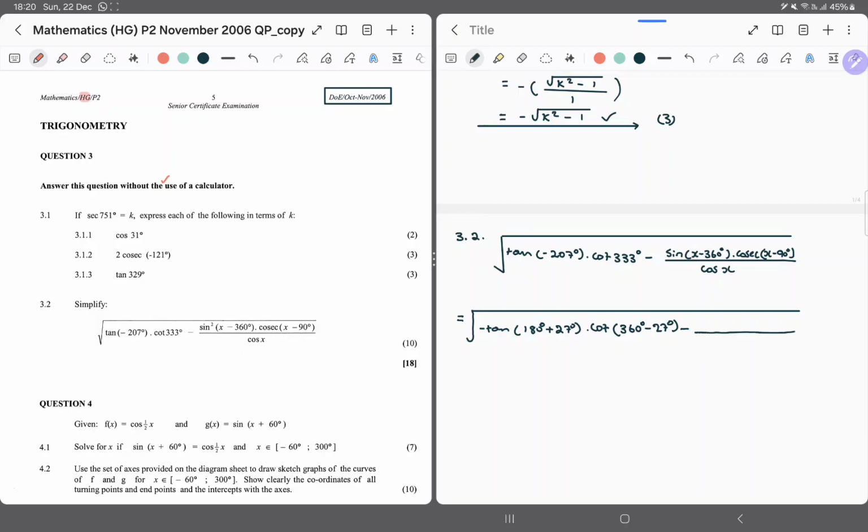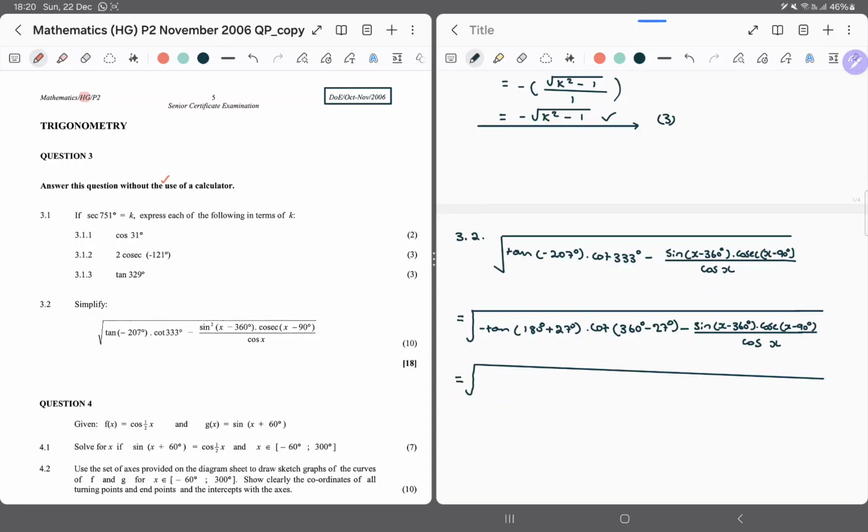minus this fraction over here. Now we can reduce this, but I don't want to do reductions separately, so let's just write it again. So this is what we have. Now we just keep going, guys, systematically. All we have to do is just to keep going.